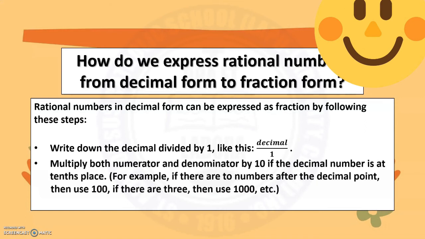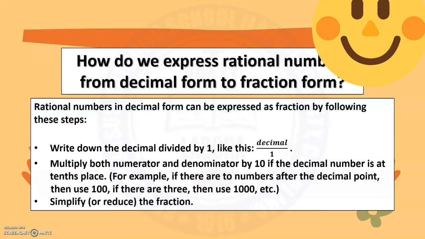Multiply both numerator and denominator by 10 if the decimal number is at tenths place. For example, if there are two numbers after the decimal point, then use 100. If there are three, then use 1000, and so on. And the last step would be to reduce or simplify the fraction into lowest term.